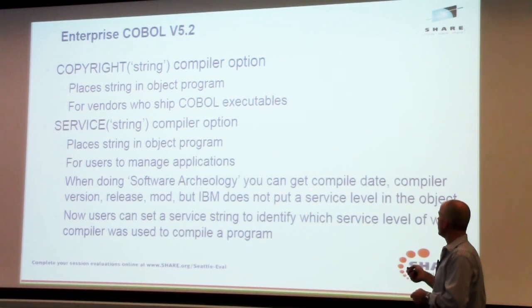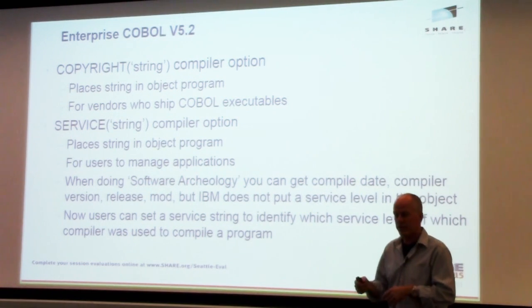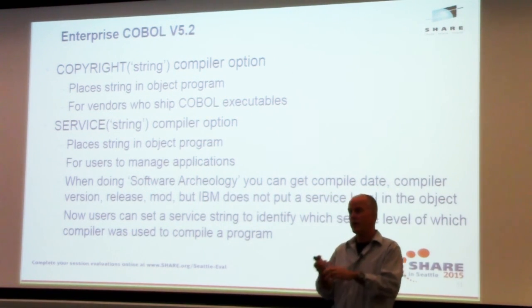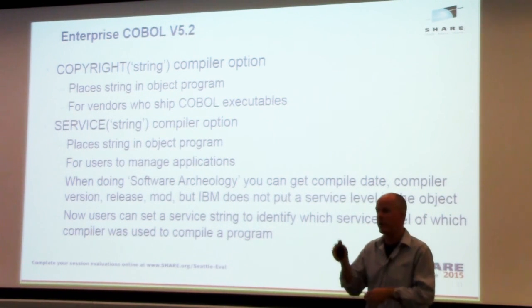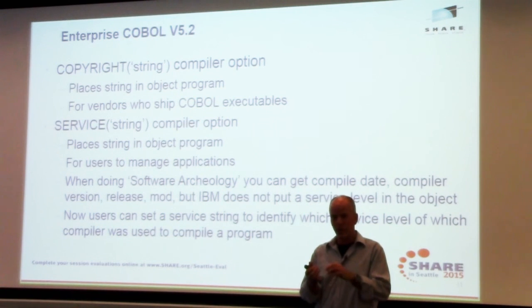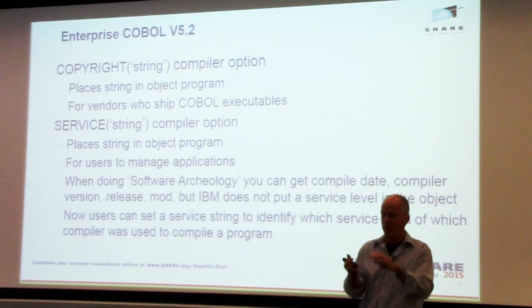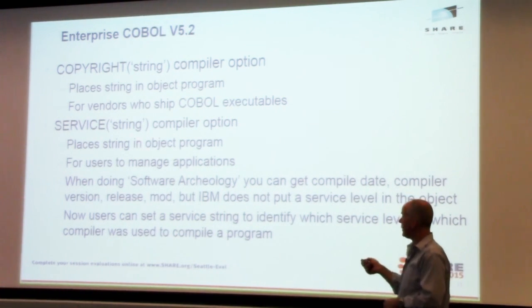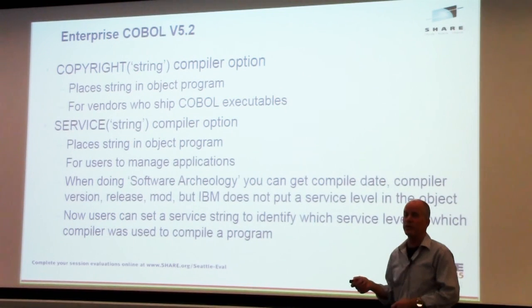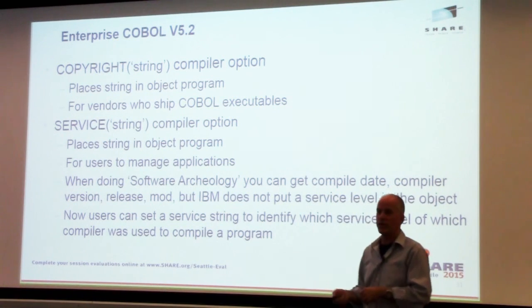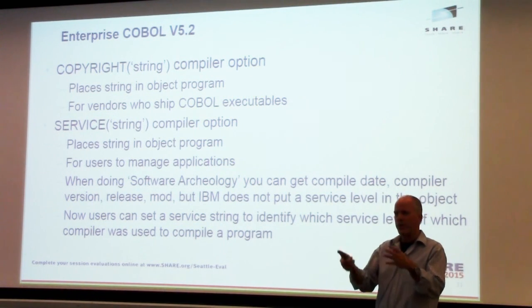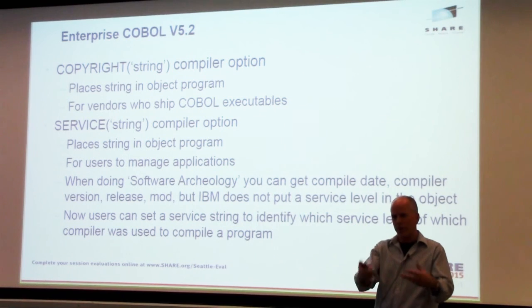So you're looking in your load libraries and trying to figure out things about your executables. We have tools in IBM, Load Module Analyzer, and there are outside tools that do it as well, that tell you which compiler version and release, what compiler options, and now you can also say what the service level is. Which PTF did I have on that compiler that was used? So you can track, well, that bug was fixed by IBM, why is this program showing it?